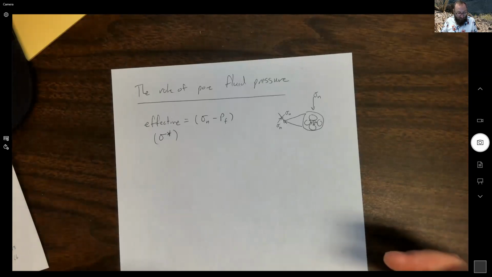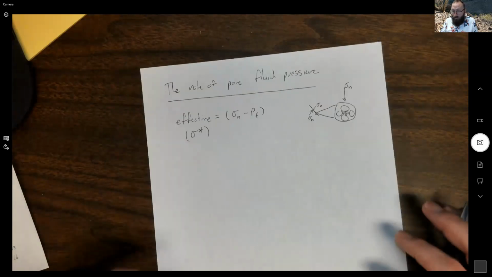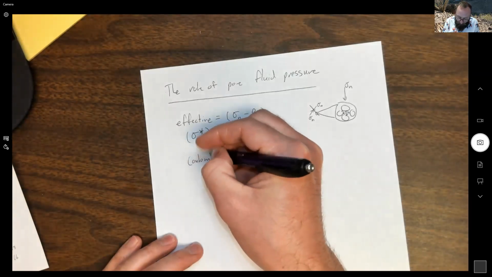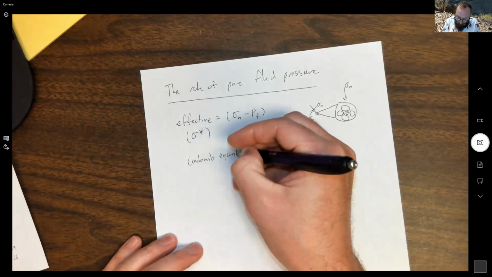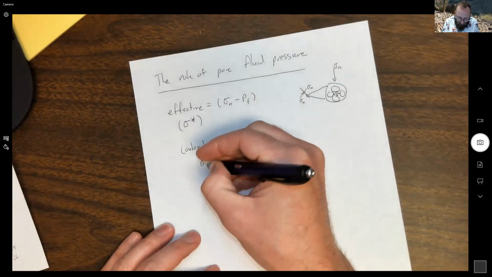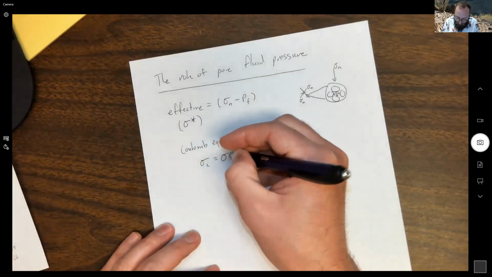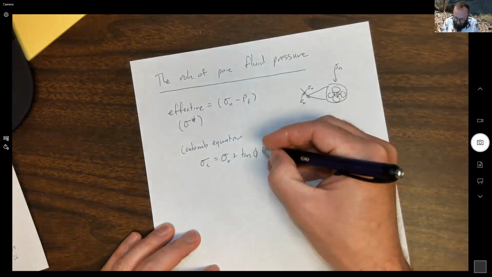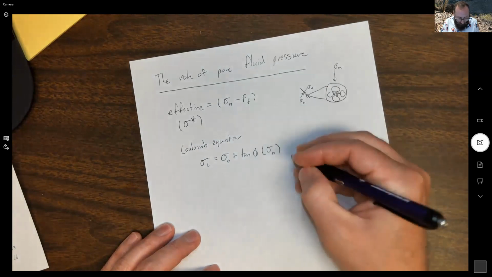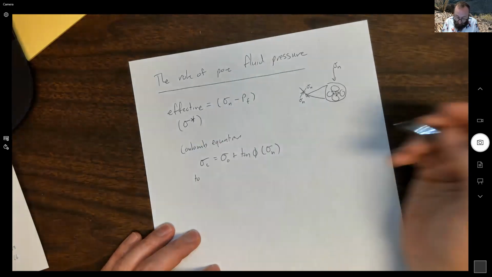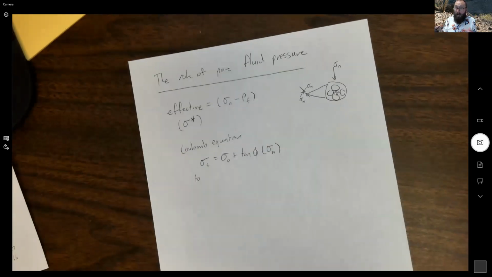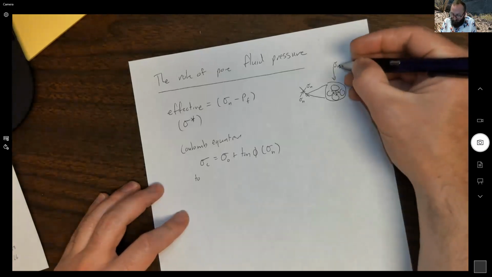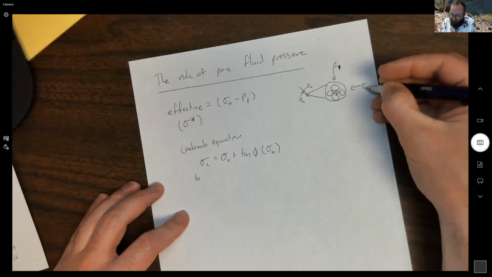So the effect is that we have to modify our Coulomb equation. Our normal Coulomb equation says sigma C equals sigma naught plus tan phi sigma n, and we're going to modify that to account for pore fluid pressure. It's pushing back on all of our stresses that are oriented in the opposite direction. Let's just modify that to say sigma 1, sigma 3.